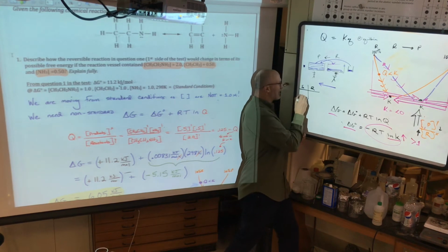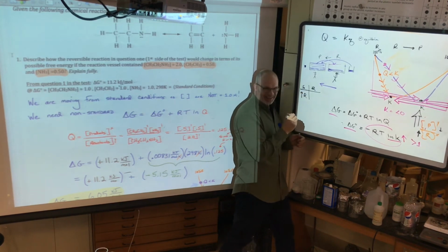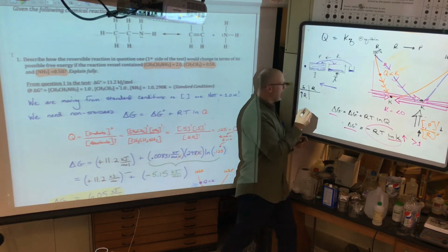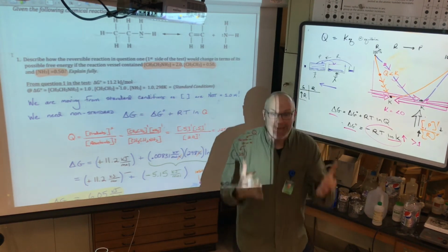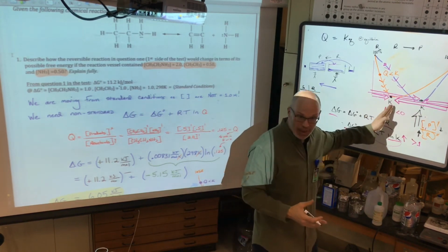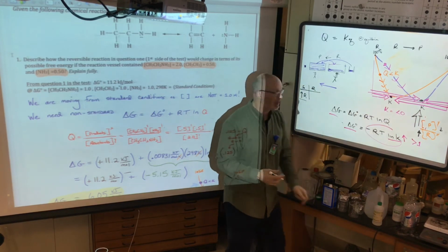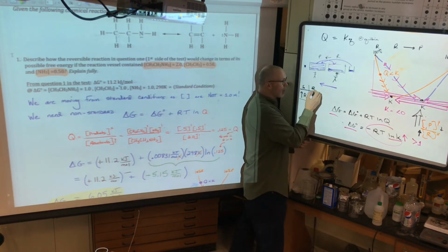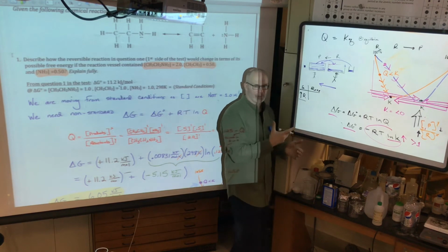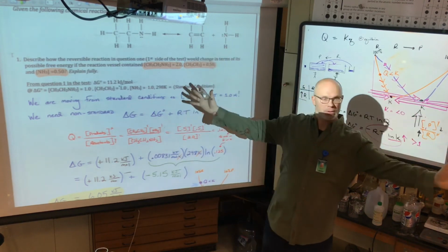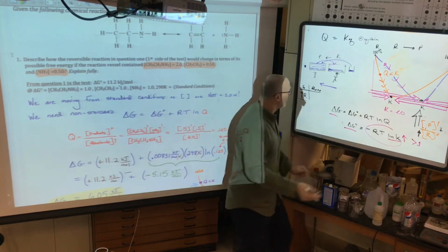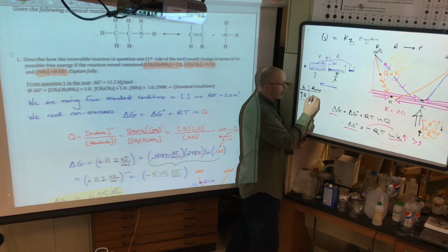So we increased the reactants. Sorry, all right. Sometimes I get lost. And therefore, the stress is there's too many reactants allowable by the position of K, correct? Wherever it might be. And therefore, the response by the reaction, really it's the response by the universe, is that we're going to do what?